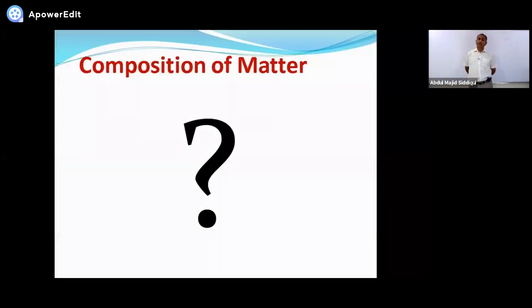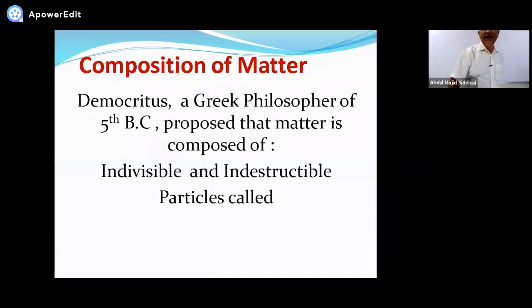So yesterday I told you that there was a question in the mind of Greek philosophers of that era: what is the constitution of matter? And philosophically, he didn't perform any experiment. They were armchair philosophers. Okay?